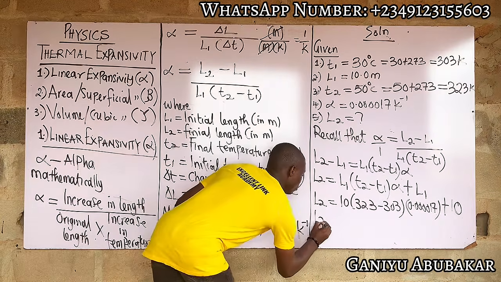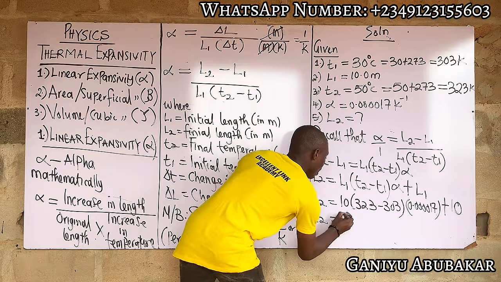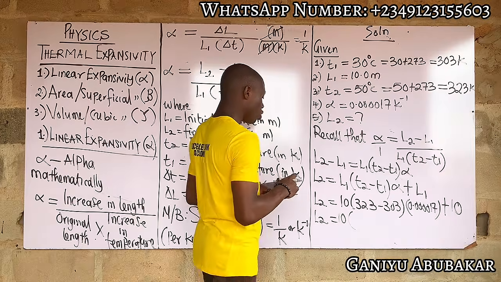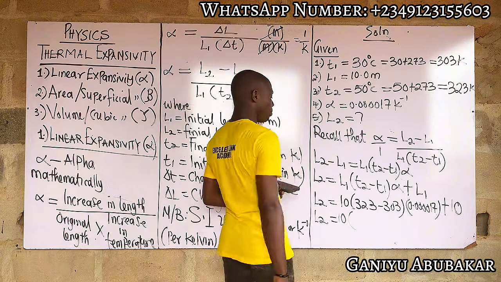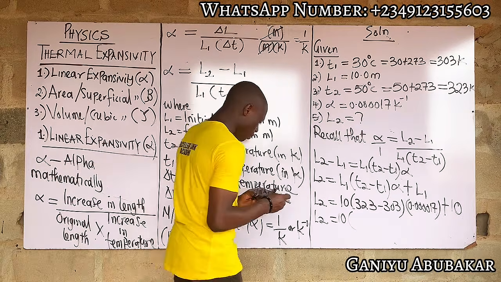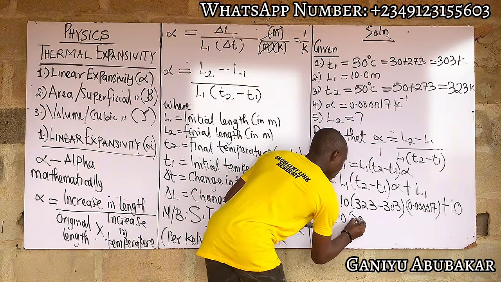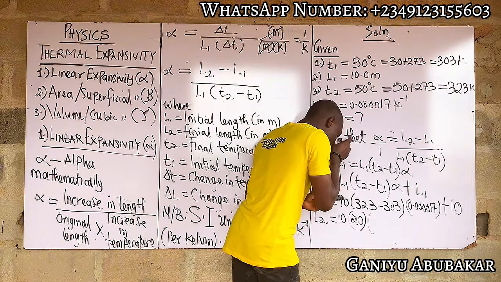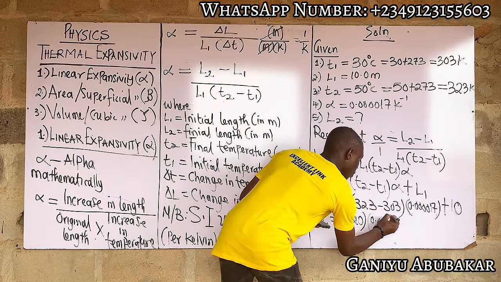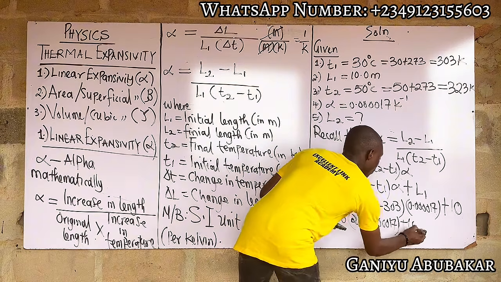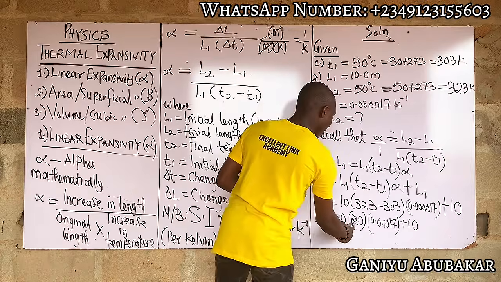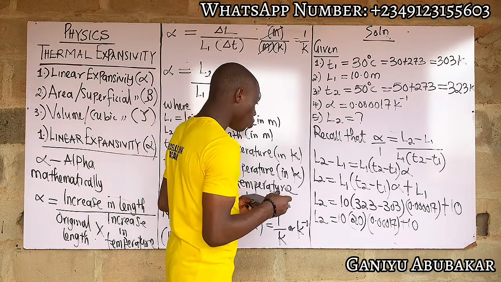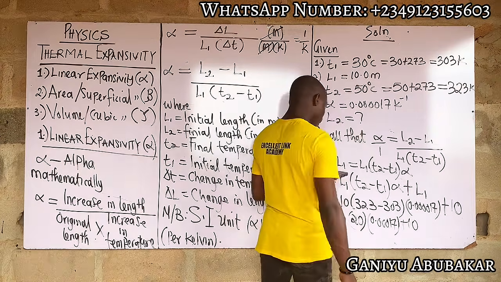L2 is equal to 10 into, if I subtract 323 minus 303, I have about 20. This gives 20 into this alpha value, 0.000017, then plus 10. So I'll multiply 10 by 20, that will give 200. Hence 200 multiplied by 0.000017 plus 10.